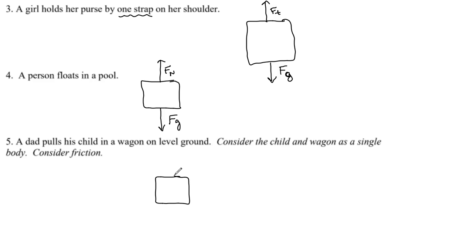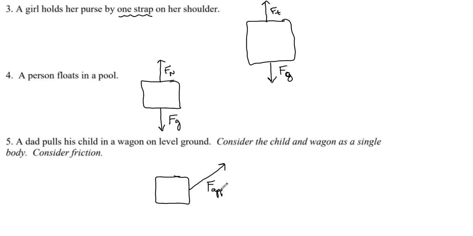Now, there is an applied force because the dad is pulling on the wagon. So now remember, the dad is going to be taller than the wagon. Let's assume, let's hope. So that means that the applied force is going to be going at an angle both up and in the direction that the dad is pulling.